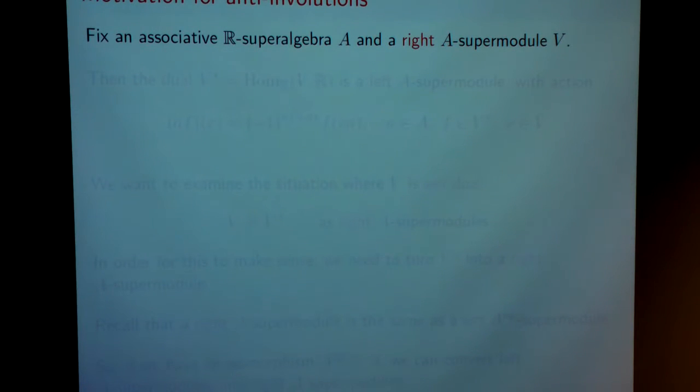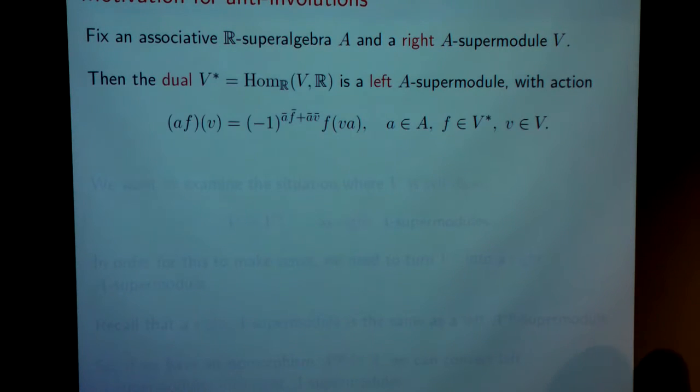Okay, so now let's turn to anti-involutions, because I said in this unoriented case, we're going to need an anti-involution. And let me motivate why you want anti-involutions, also just from the point of view of representation theory. So if we have some associative R superalgebra A, and some right module over A, then of course the dual is naturally a left supermodule over A, right?